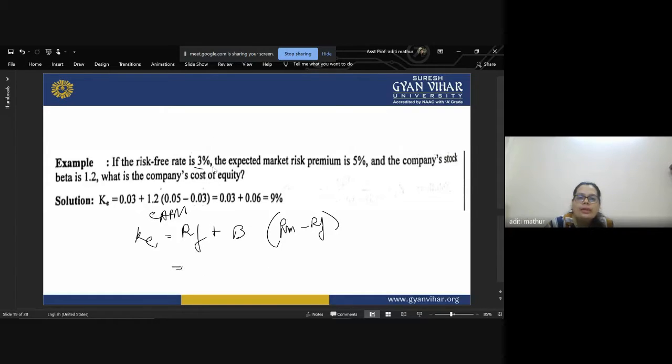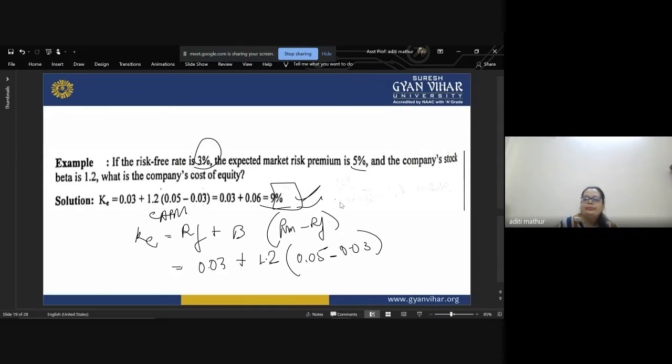So Rf is 3% plus beta is 1.2 into Rm, which is 0.05, minus your Rf, which is 0.03. When you solve it, it will be 9%.